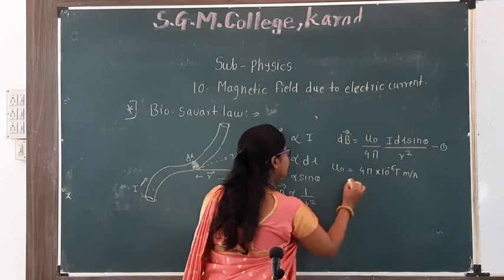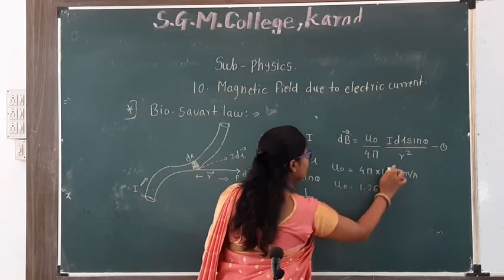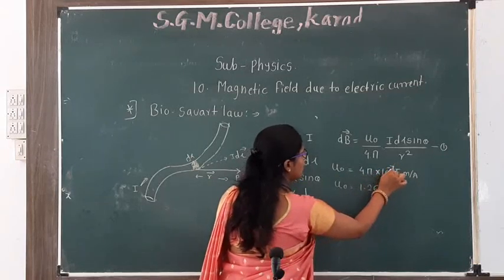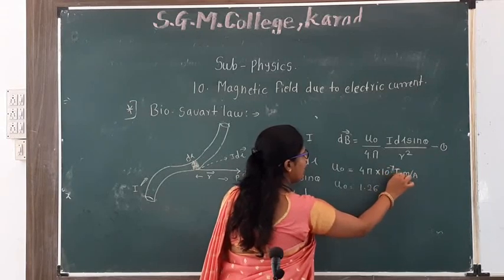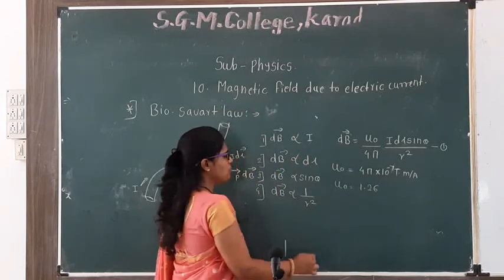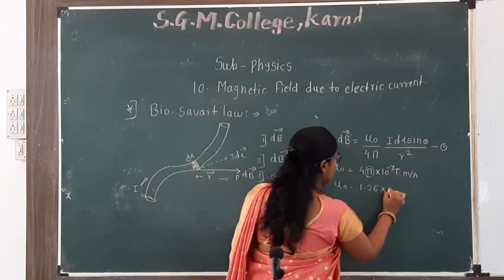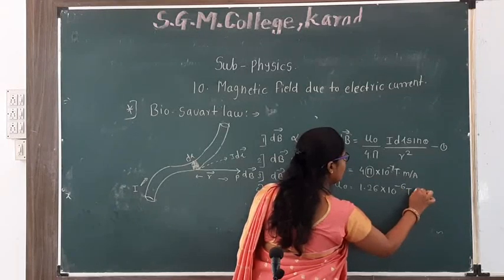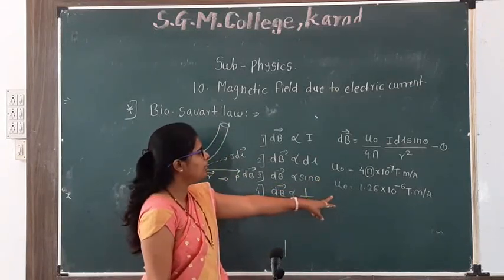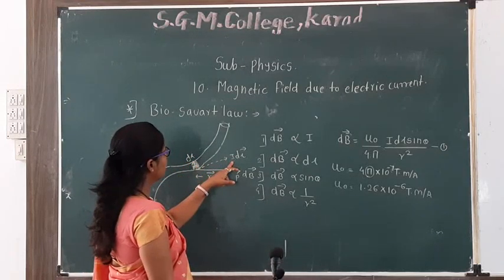The actual value of mu 0 is 4 pi into 10 raised to minus 7 Tesla meter per ampere, and if we substitute the value of pi, we get 1.26 into 10 raised to minus 6 T m per A. This is mu 0's value.